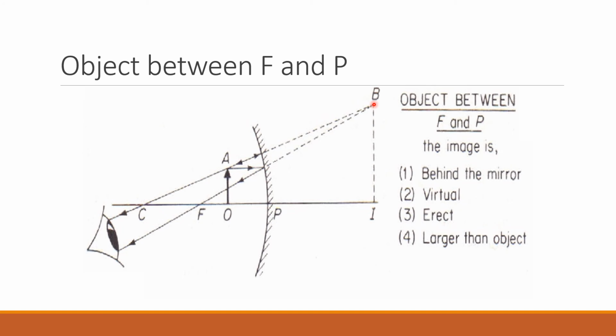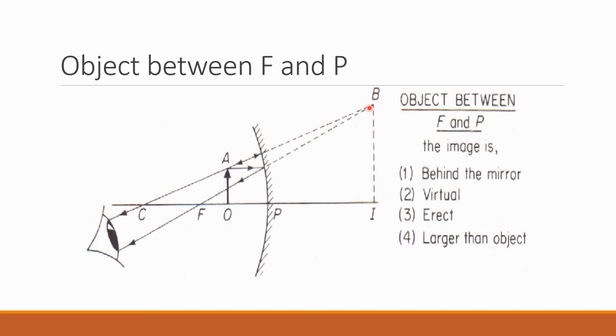So if you look carefully, these two reflected rays, this one and this one, appear to be diverging from this point P. Fine. So in this case, an image will be formed at IB.